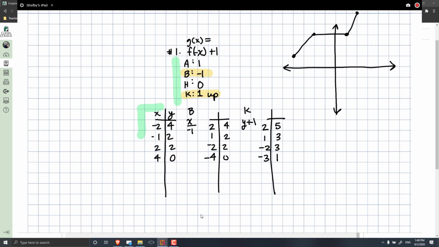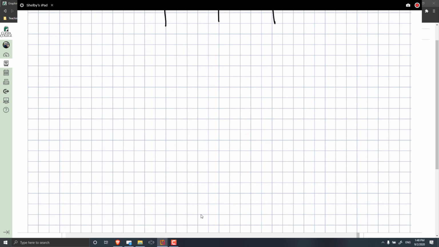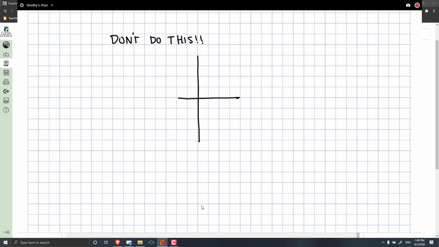Okay, so what I can see sometimes that's like, don't do this. Okay, this is bad news bears. What people will do is they'll sometimes eyeball the formula and they'll just say, it looks like it got left shifted 1 and up shifted 2, and there's maybe a vertical scale.